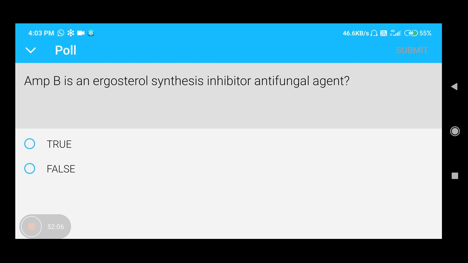See, whatever you find correct, true or false: Amphotericin B is an ergosterol synthesis inhibitor. True, false. Out of 240 attendees, 241 now, 20% of you have voted so far.